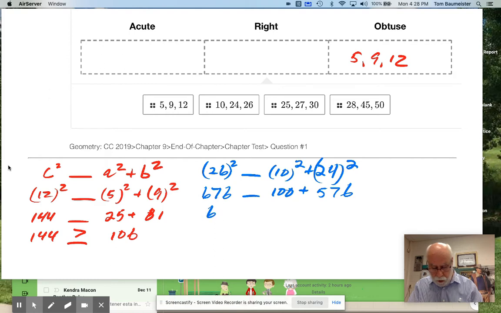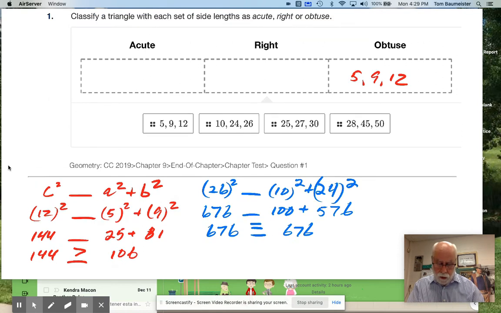So we have 676 on this side and 676 on this side, so they are equal. That would make it a right triangle. So we would drag and drop the 10, 24, and 26 here.